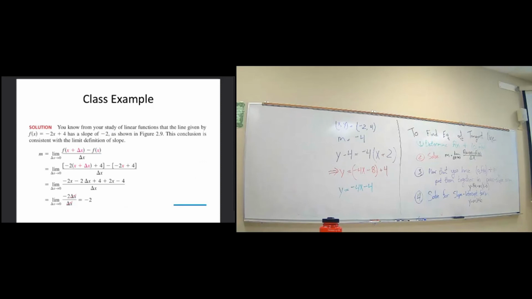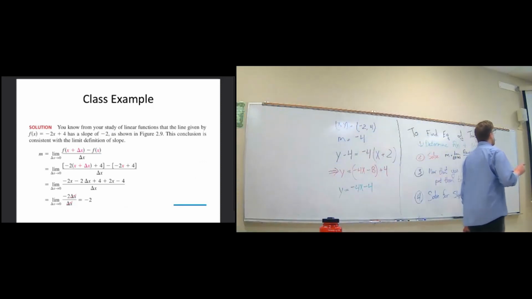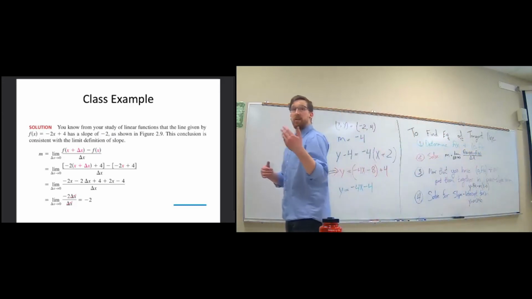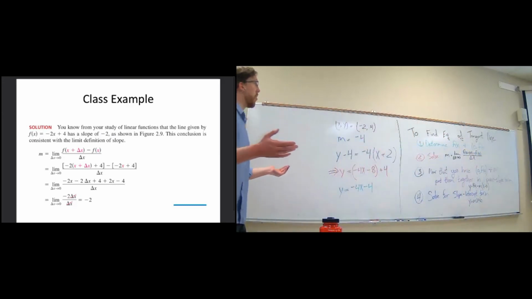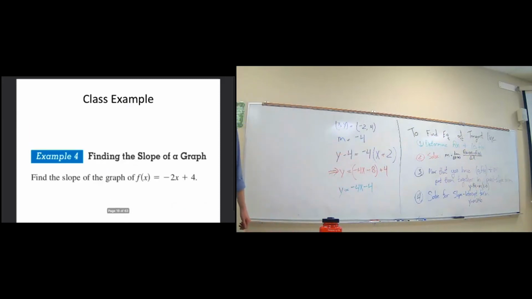Nothing insane here. But if we wanted to, we could find the slope of this graph using this limit definition that we just talked about. Because the tangent line to any of these points will be the tangent line to every point, right?